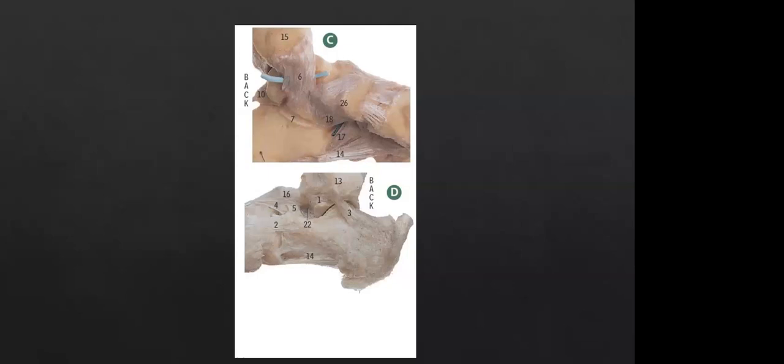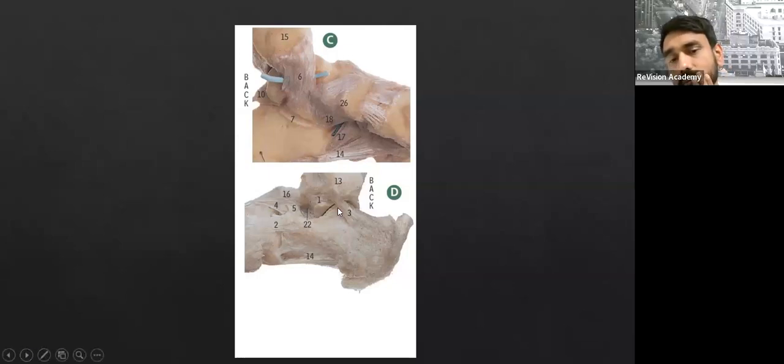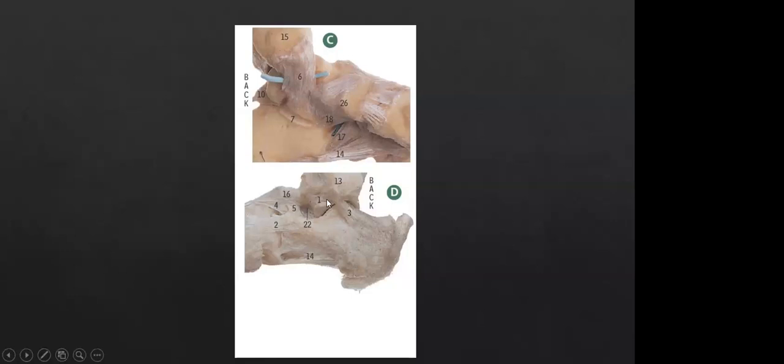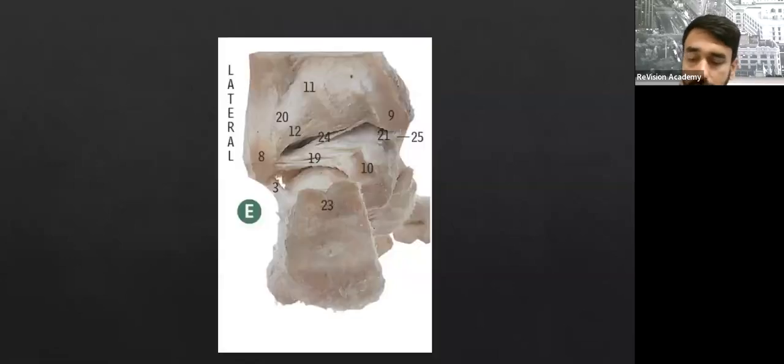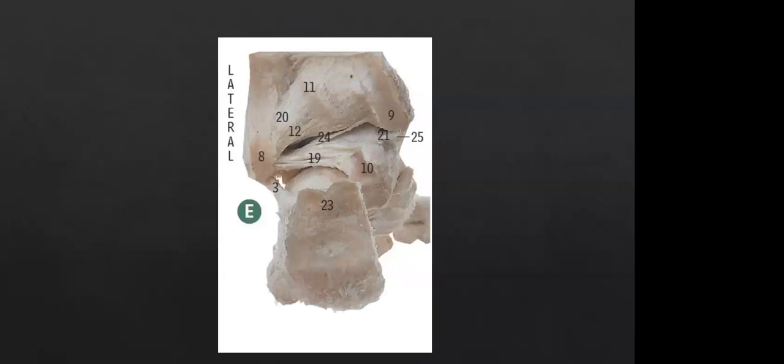Okay, so 3 is calcaneofibular ligament. 1 would be then talofibular ligament. Okay. Number 19? This would be posterior talofibular ligament. Talofibular, I think.